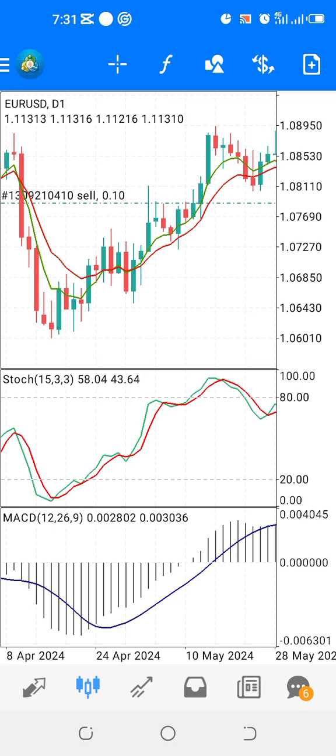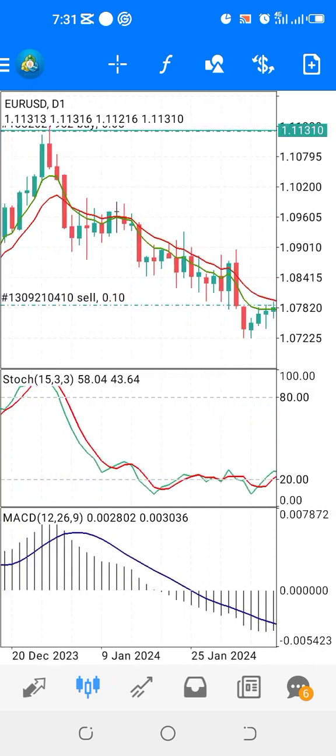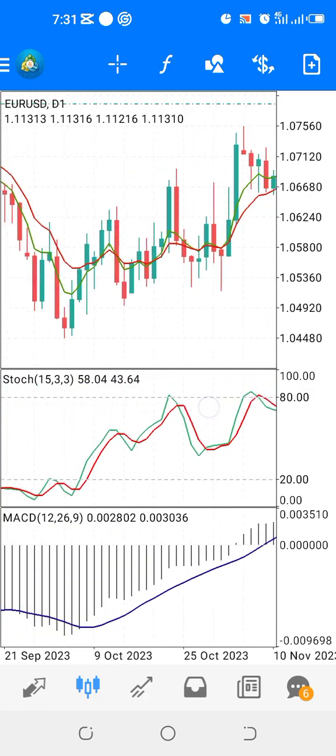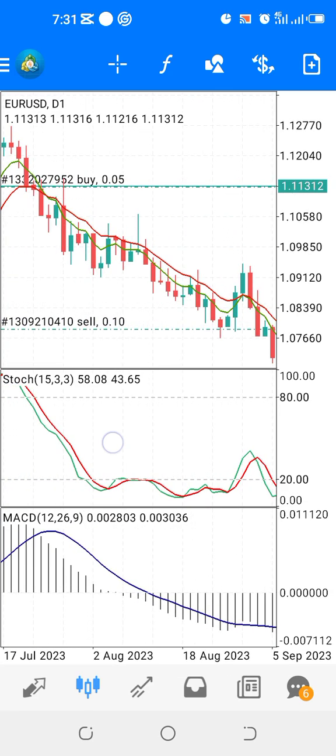You record your wins, you record your losses based on your demo, calculate your average win and calculate your average loss. Do an honest record and see if it matches with what you want.